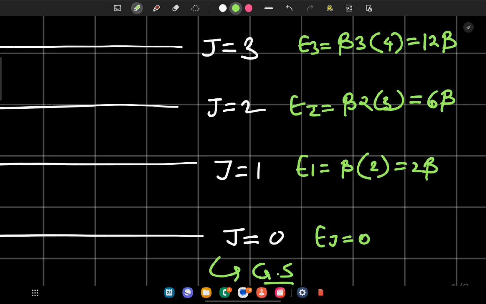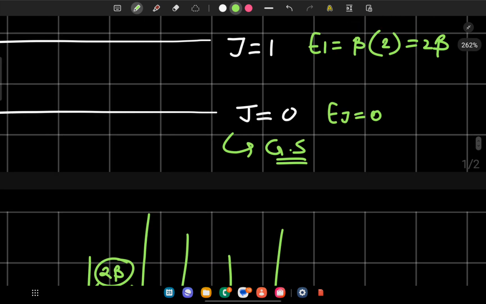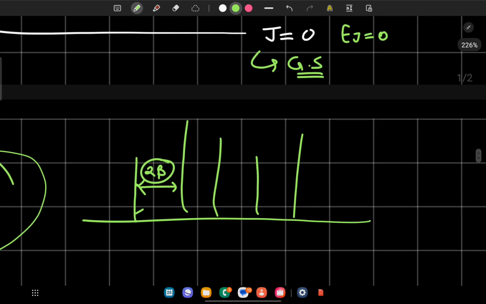So the energy differences are not the same, which means the intensities are different. But even so, when we record a rotational spectrum, the various spectral lines associated with transitions of different energies are always separated by a distance of 2 beta.